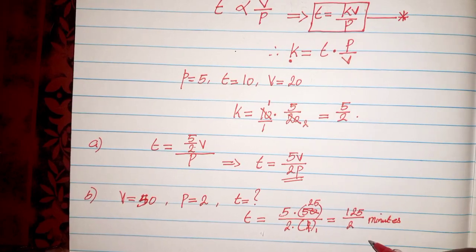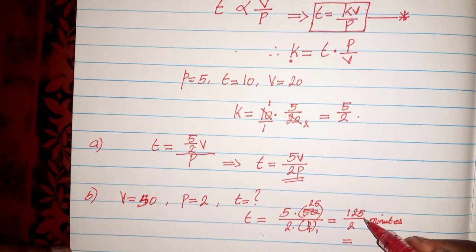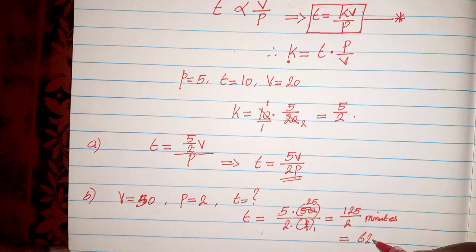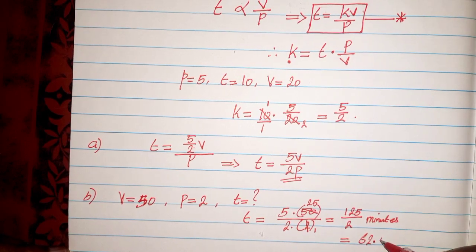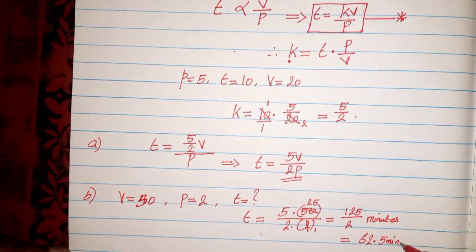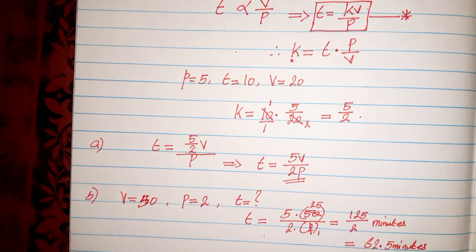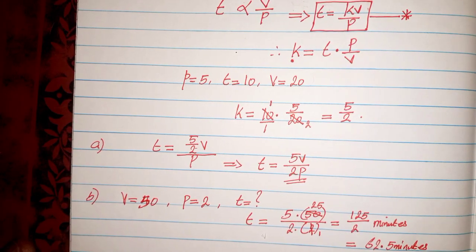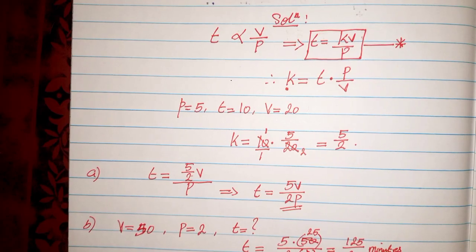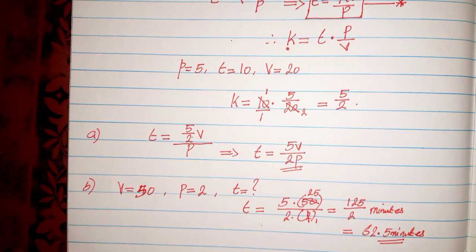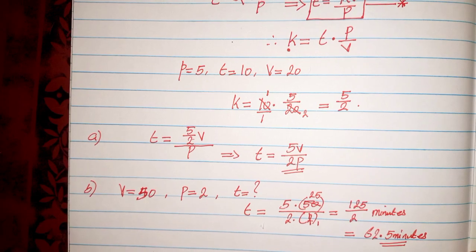Now you can simplify further by saying that 125 divided by 2 will give us 62.5 minutes. And that is our solution for question B.